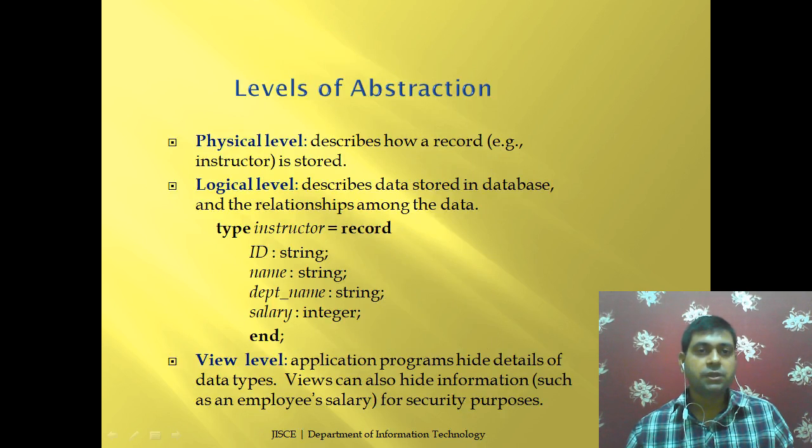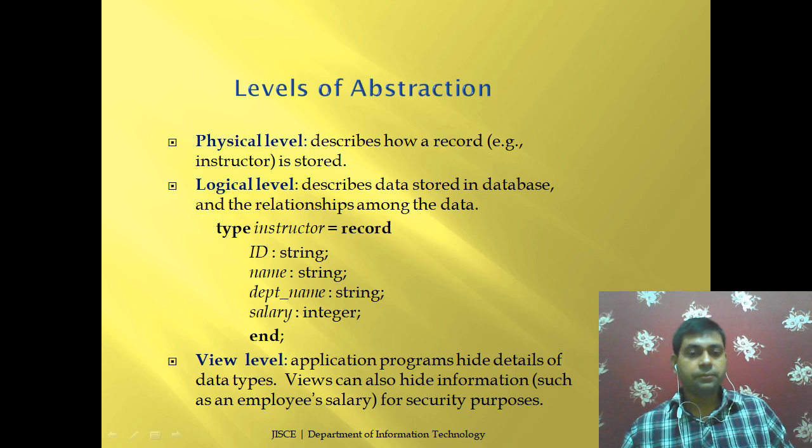Now coming to the abstraction, there are 3 different levels of abstraction. The physical level basically physically contains the records, the raw data. The logical level contains the data structure, what type of data it should contain. That thing is depicted in the logical level. And the view level is the application program that hides the details of data types as well as the actual data.